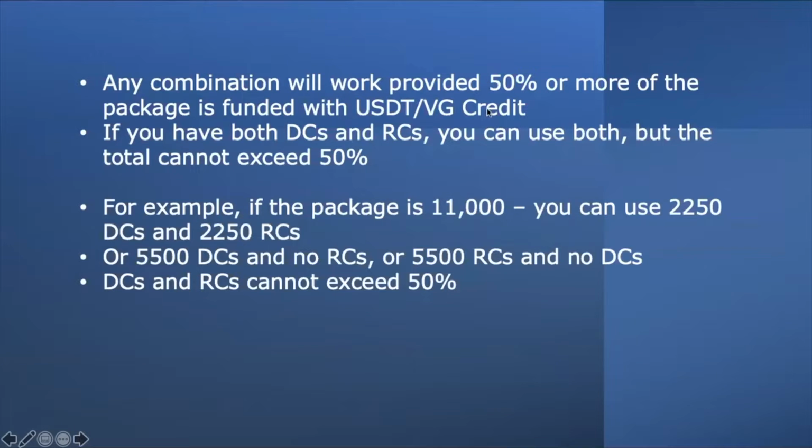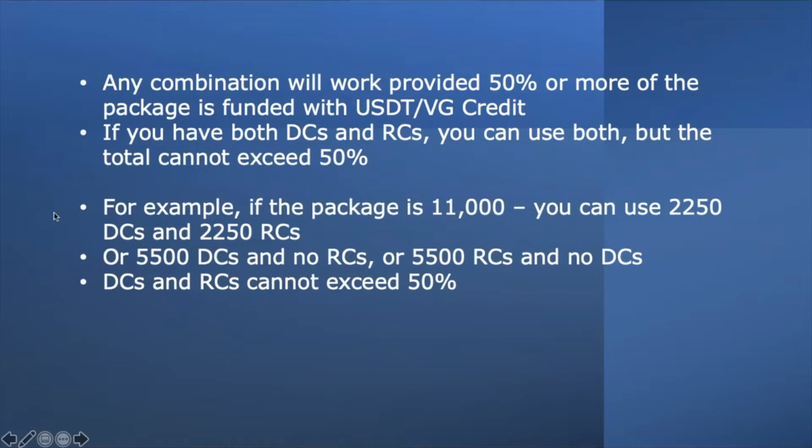Any combination will work provided 50% of the package is funded with USDT or VG credit. So if you do have DCs and RCs, which some people do, you can mix and match to make 50%. For example, let's say the package is 11,000. Half of it has to be funded with USDT or VG credit, which is 5,500.